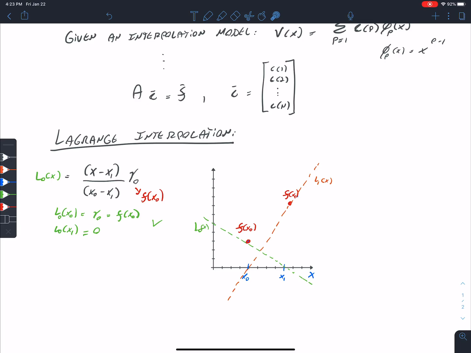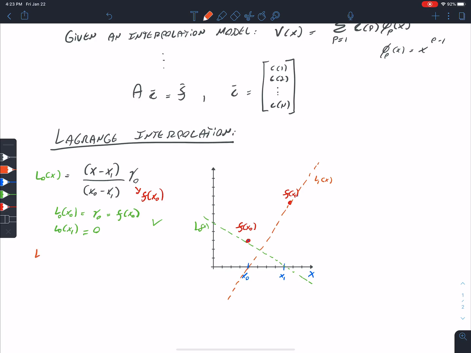Now, let's do a similar computation and come up with a line for L1, right? Which, once again, is going to be this line. So I'm going to state this line, and then I'm going to explain it.